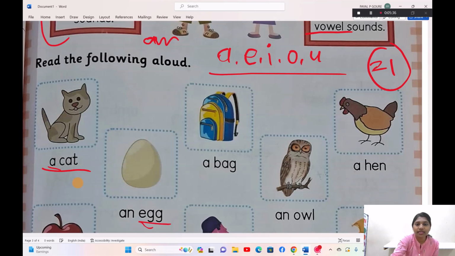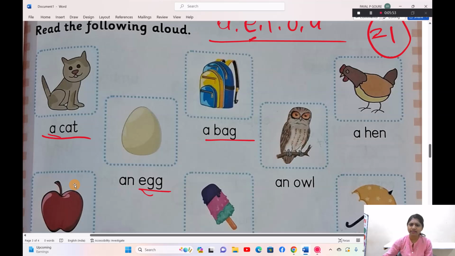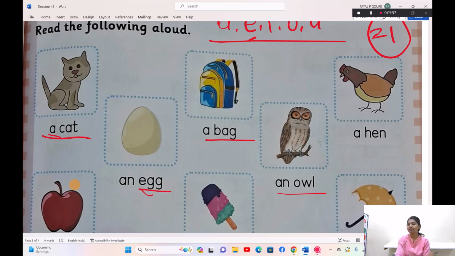Egg. E is the vowel letter, that's why an comes first: an egg. Bag. B is the consonant letter, that's why a comes first: a bag. Owl. O is the vowel letter, that's why an comes first: an owl.